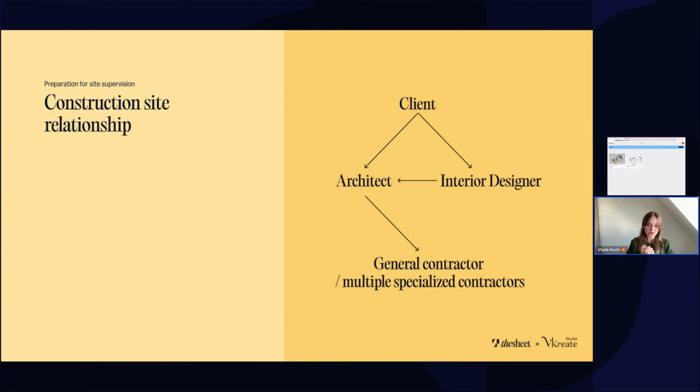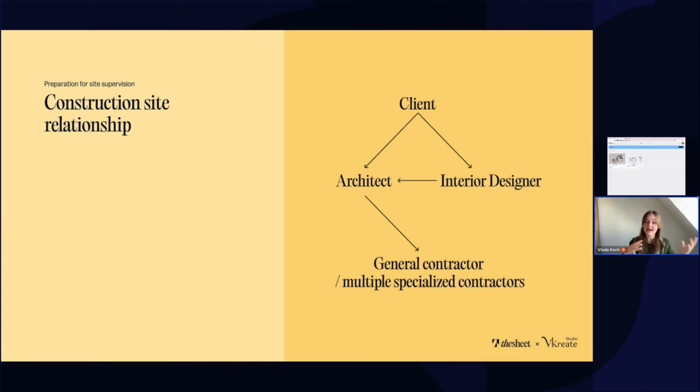So let's start talking about the hierarchy that is there on the construction site. If you have an architect working with the client, sometimes there are going to be construction sites that the client started first. Maybe they started a new build house, or the client started to do a huge renovation.